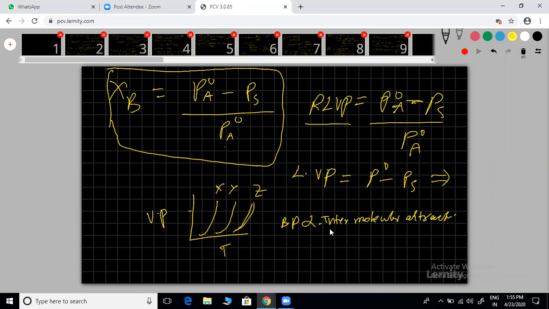Intermolecular attraction depends indirectly upon dipole moment. The more the polarity of the molecules, the more the dipole moment, so the higher the boiling point also. This indicates Z has higher intermolecular attraction. That is the reason for low vapor pressure. So boiling point depends upon dipole moment.